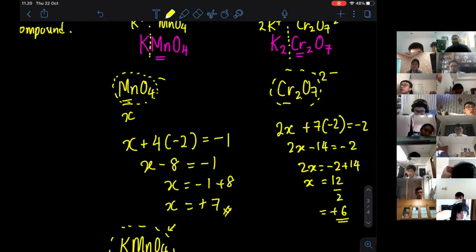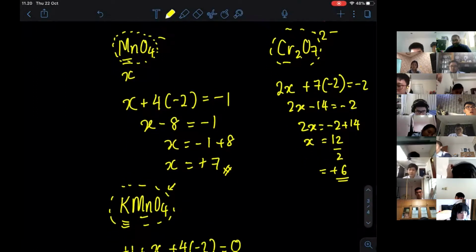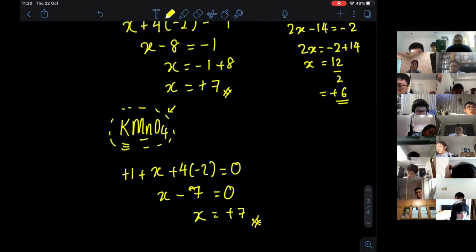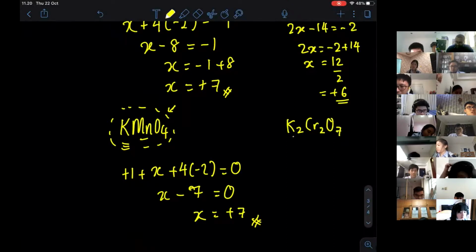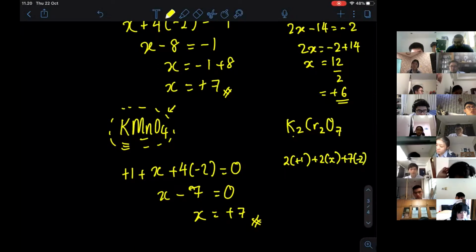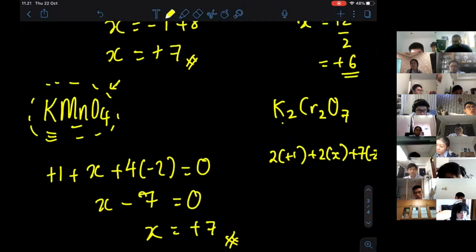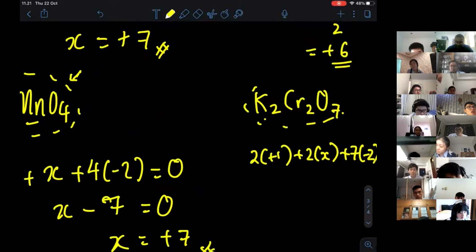Let's say you don't want to use this method. You don't want to separate. You want to calculate them together. The same way, this is group 1. So 2 times +1 plus 2 times X plus 7 times negative 2 equals to 0.